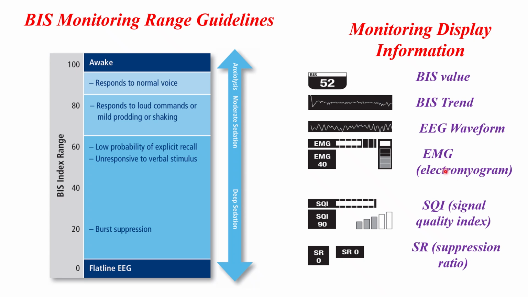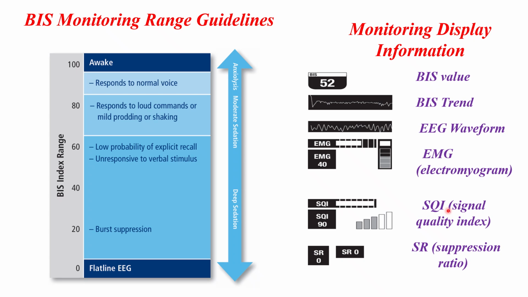Next is the EMG, the electromyogram, which measures muscle electrical activity. A high EMG signal can indicate muscle movement or artifacts, which can affect the accuracy of the BIS value. Next is the signal quality index, or SQI, which shows the quality or reliability of the EEG signal being received.